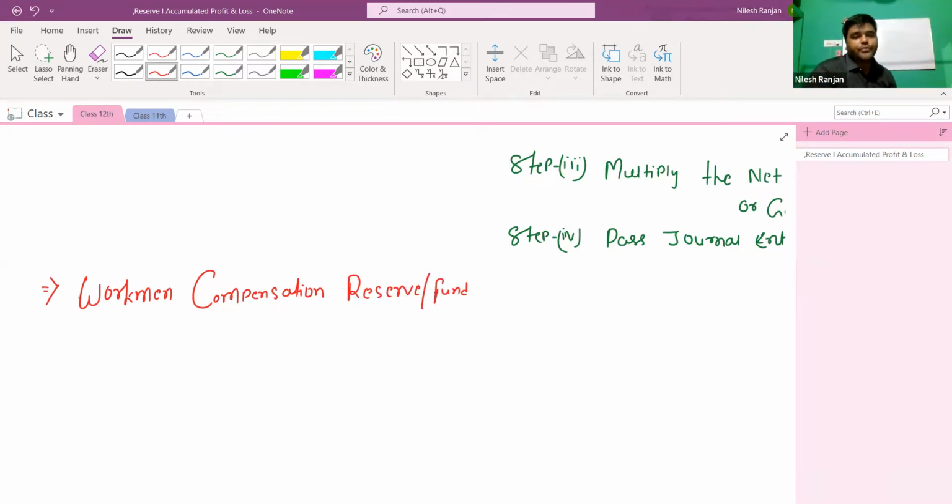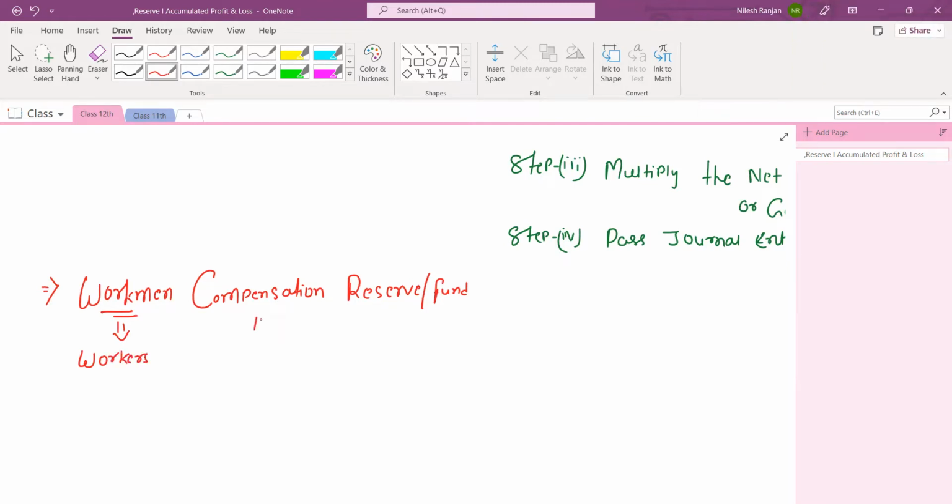So who is a workman? It is our workers. And compensation means when, while working, if our worker incurs some damage, because accidents happen in factories, there may be loss of life, or damage to some portion of the body, like a hand or foot.